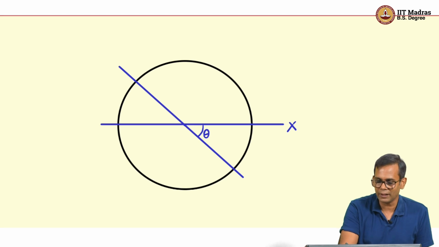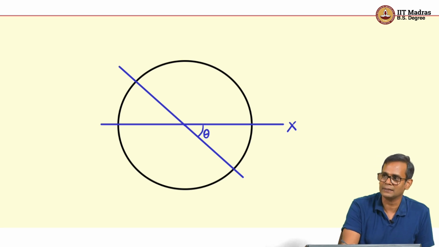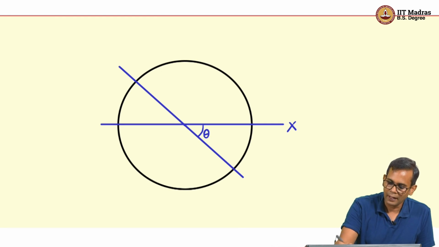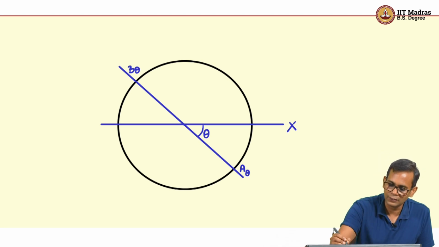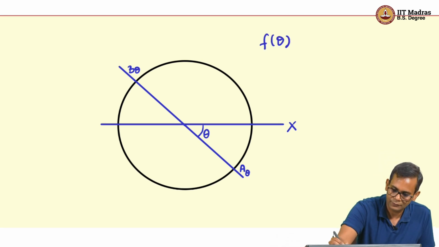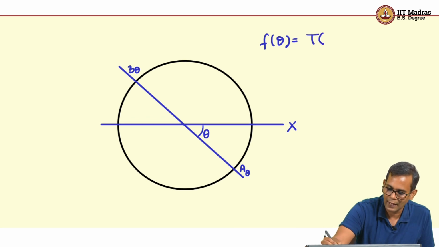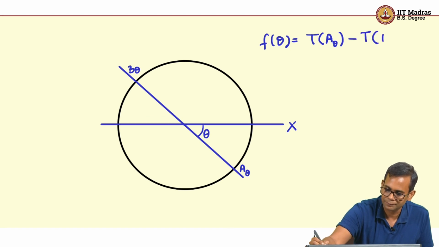In this case, the way I have drawn it, this angle theta is a negative angle, let us say in radians, and on this other diameter at an angle theta I have 2 points A theta and B theta. Let us define a function f of theta to be the difference between the temperatures at A theta and B theta.